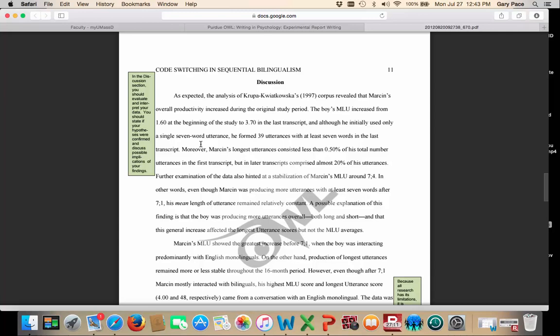And then, of course, implications. Is this something that could be used in these kinds of settings? Could it be generalized to other kinds of settings? Could it be generalized to other kinds of target behaviors? What exactly are the implications of this kind of procedure? And then finally, future research, which might be related to that.